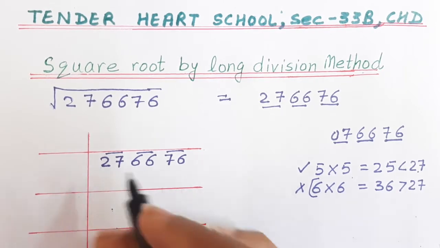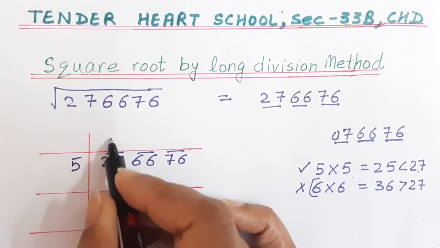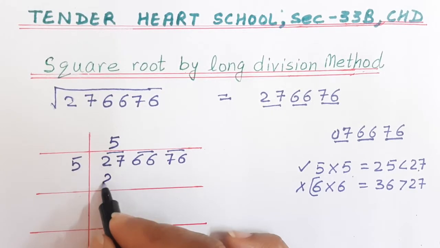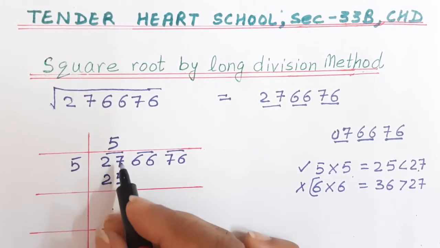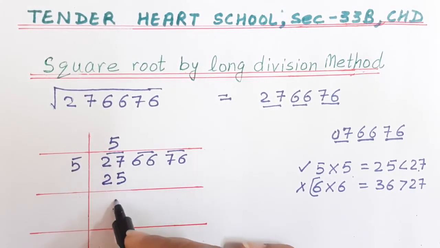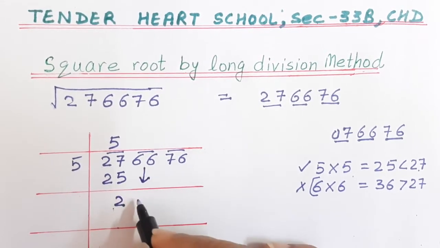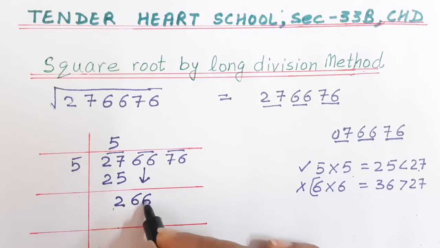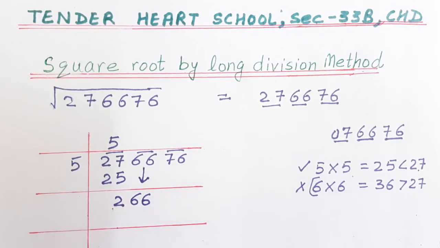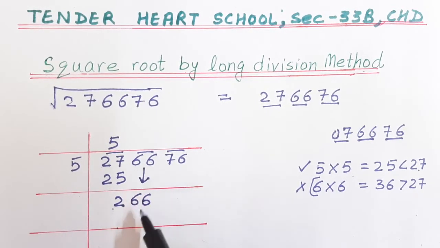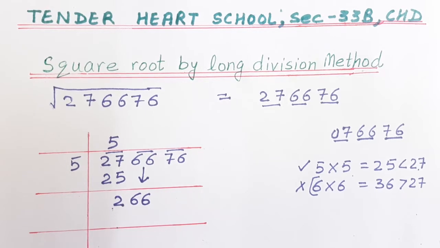Now 5 5s are 25. Now 27 minus 25 is 2. Now let's take the next pair, that is 66. Students, remember we need to take the numbers in pairs only. I hope it is clear till here to everyone.